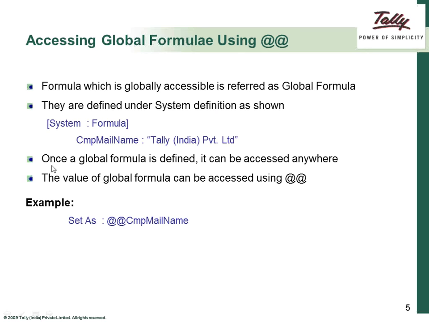Once a formula is a global formula, it can be used anywhere across Tally, could be from a report, a data collection, or probably at a part or a line. At any place it can be accessed. So this is how we have done that.